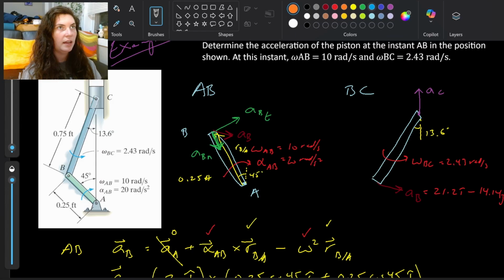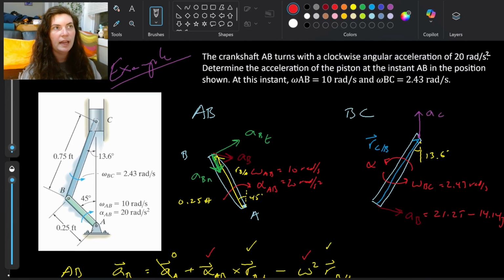And again, I am going to go from B to C, so that's r of C with respect to B. And as I can see here, it's going in this counterclockwise fashion. So I'm going to assume that my alpha does as well.